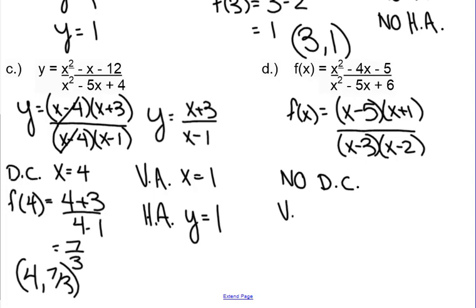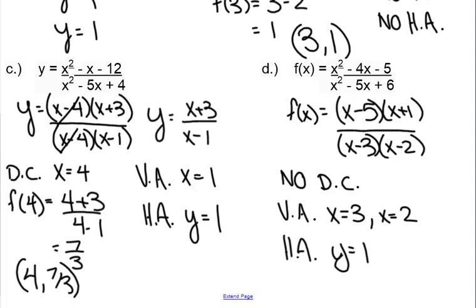We have vertical asymptotes where our denominator goes to 0, so x is equal to 3 and x is equal to 2. And we have equivalent powers. I definitely just noticed our notes don't match this example, so that's fun. But with equivalent powers, that's going to be a horizontal asymptote at 1 over 1, because the leading coefficients are 1.